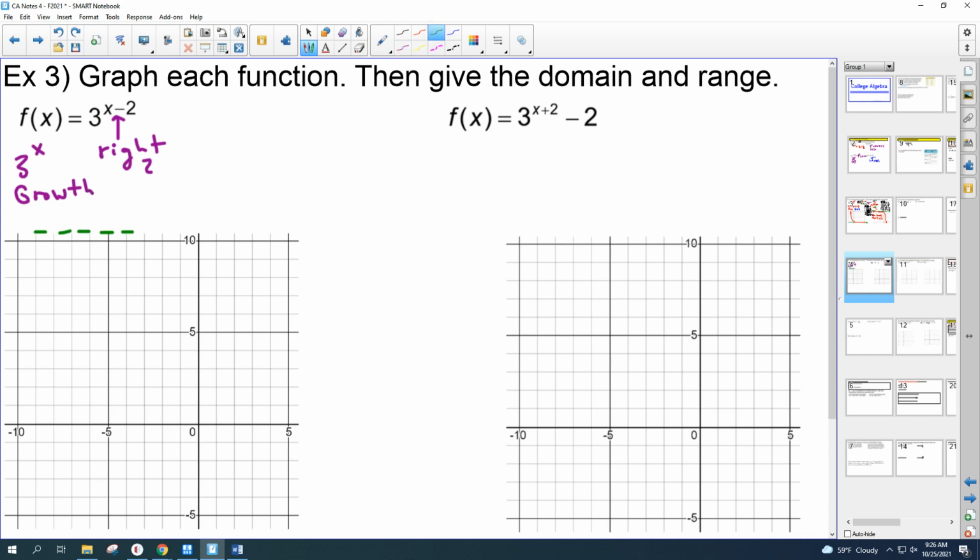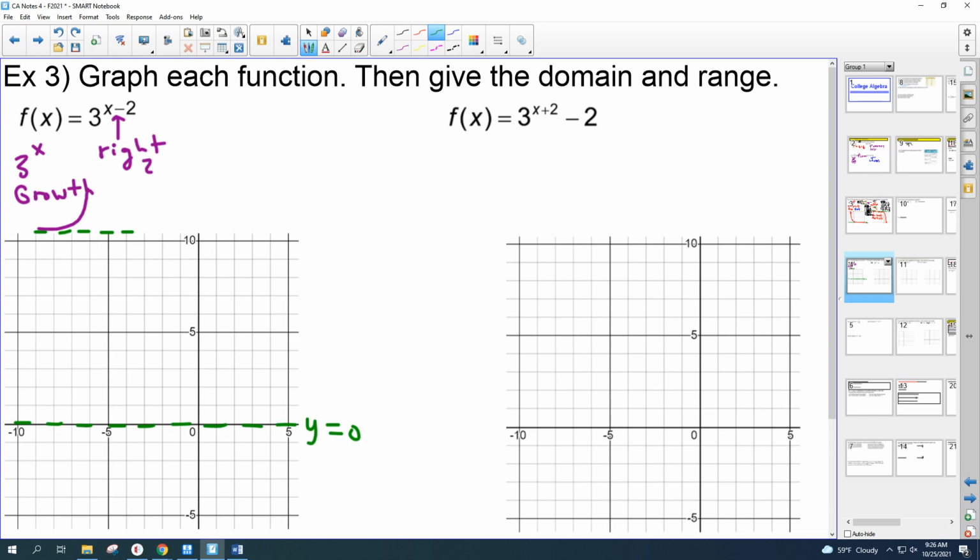So if your normal growth looks like this, we're just going to take that whole graph and shift it to the right by 2. That's what it's going to look like. So you can almost draw your asymptote before we even start, because it's still going to have an asymptote at y equals 0.